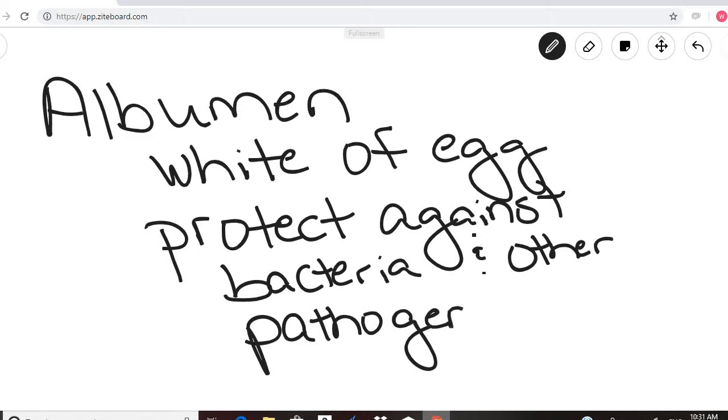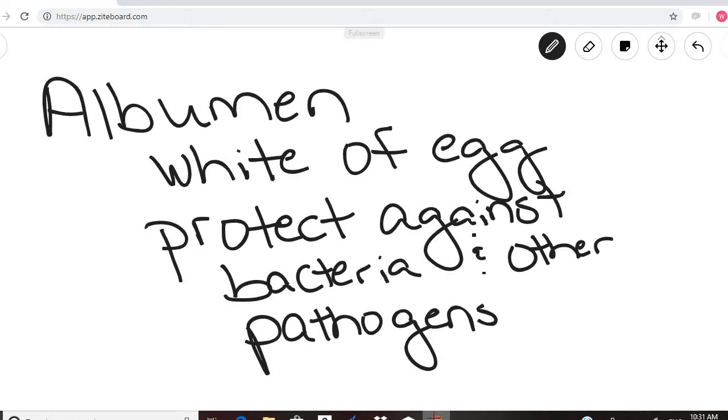Remember, we said that the shell of the egg has small pores in it that allow oxygen and carbon dioxide to move across the shell, but those pores are too small for water to pass through. However, bacteria and other pathogens may be able to pass through that shell. And so the albumin contains chemicals that fight against bacteria or other pathogens and therefore protect the developing embryo.